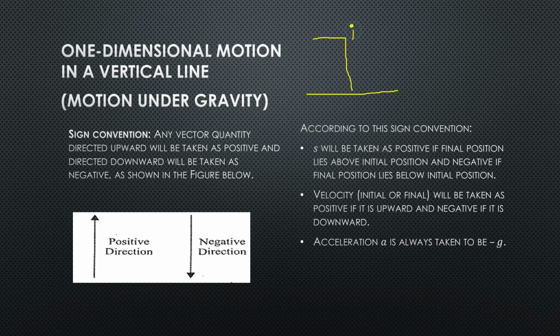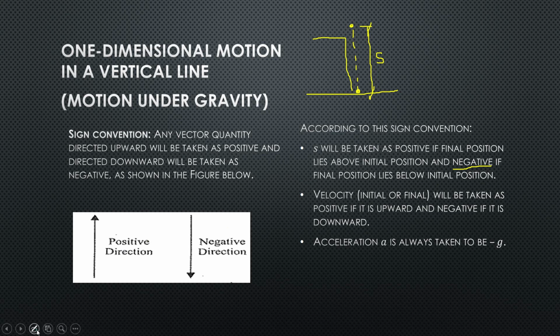When the ball drops and hits the ground, this will be its displacement S. Based on the sign convention, the final position of the ball is right below, so S is negative.